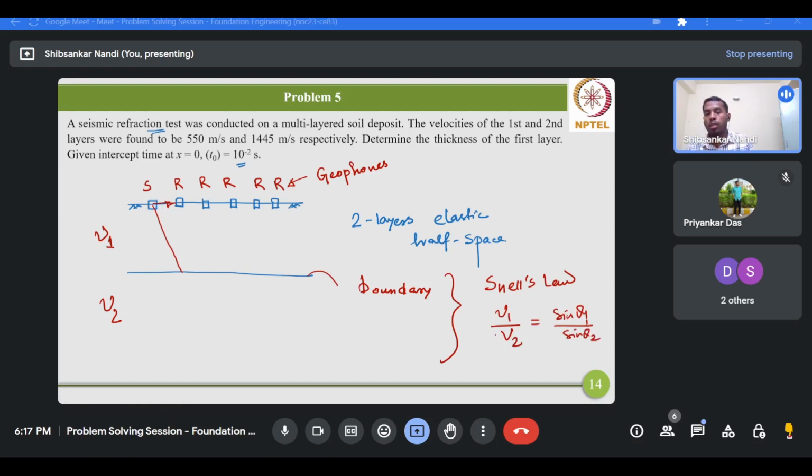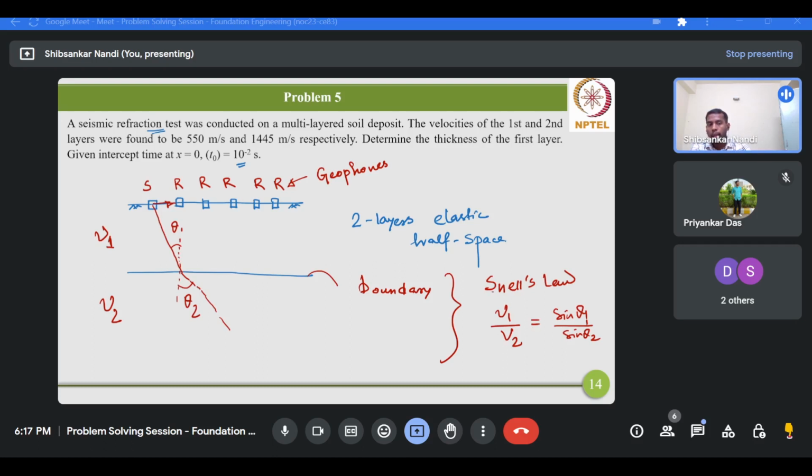V1 and V2 are the velocities of the stress wave in the upper layer and the lower layer respectively, whereas theta 1 is the incidence angle, and when it is refracted, this angle is theta 2. This is the relationship between these two angles and the two velocities as per Snell.